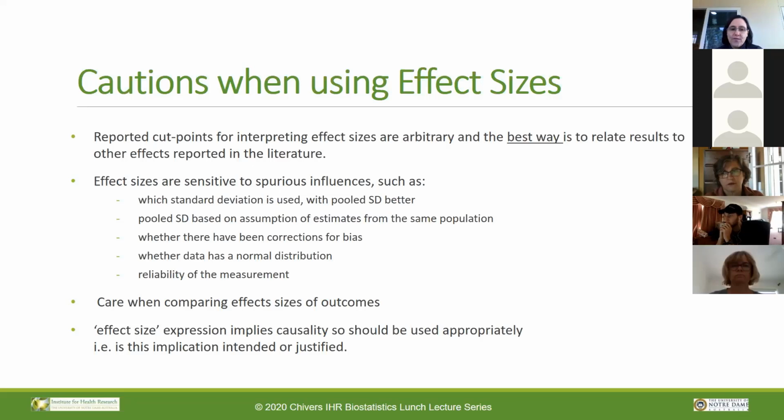Just be careful with the language there as a note. Sometimes the effect size is actually indicating that an effect occurred. If you've got a pre-post intervention style study, then your intervention probably does have a large effect on the outcome measure. But if it's not that style of design, then you need to be a little bit more careful about how you word your effect size in your terminology.